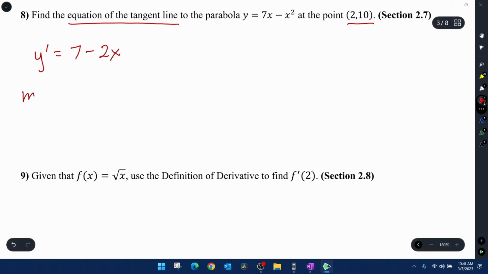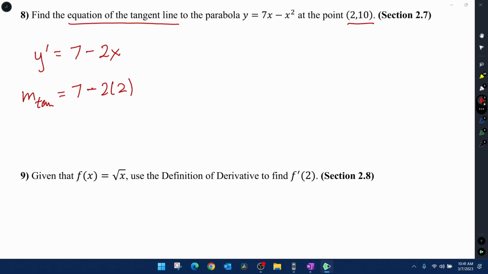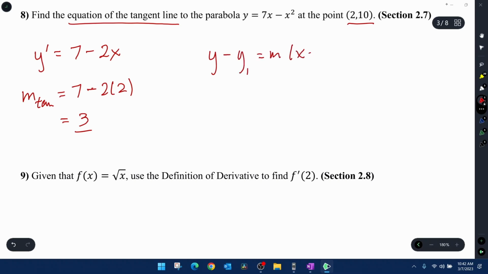And then to get the slope of the tangent, we're going to evaluate the derivative at what x? At the x coordinate of the point that we're at. And that is 3. And then we can go to y minus y1 equals m times x minus x1. And we can come up with our equation of the tangent.